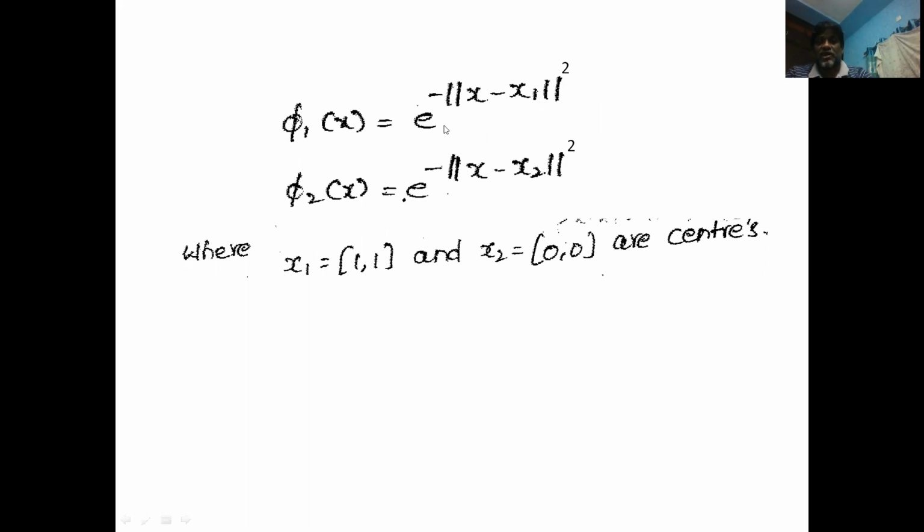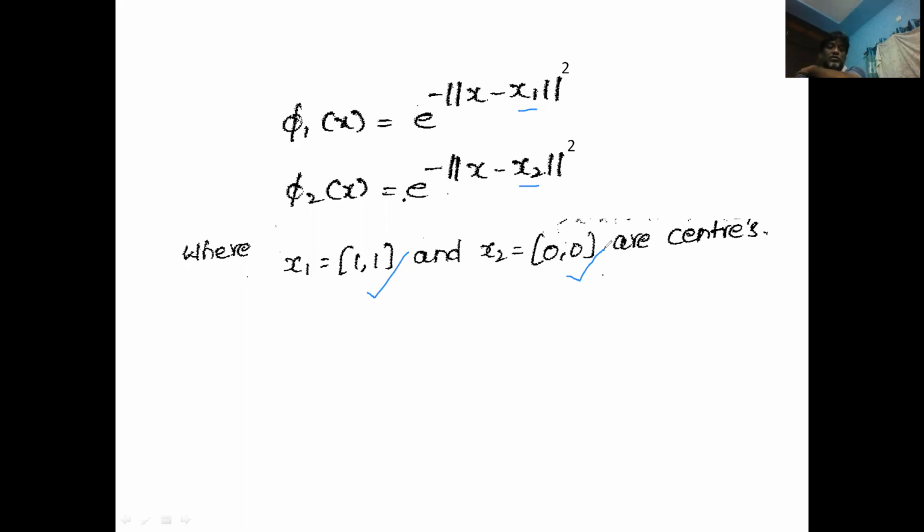We know the formula for radial basis function: phi1 of x is equal to e power minus norm x minus x1 whole square, and phi2 of x is equal to e power minus norm x minus x2 whole square. Assuming x1 and x2 as centers defined like this, 1 1 and 0 0.